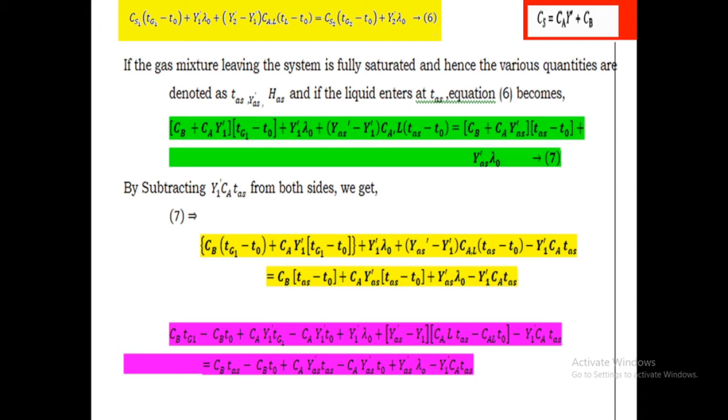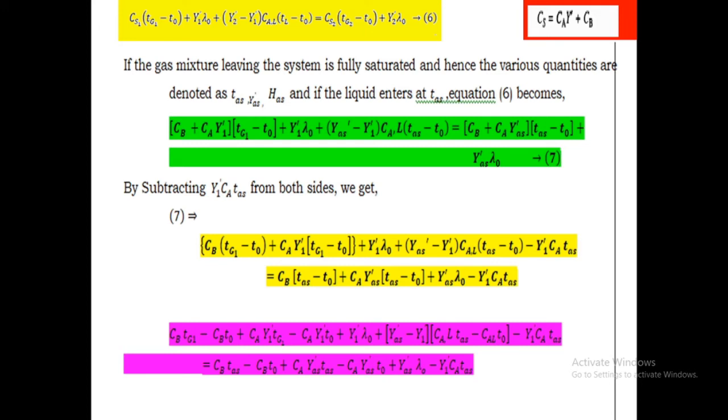Are you clear? Okay. If the liquid enters at TAS, so the equation 6 becomes. What is this equation 6? Equation 6 is nothing but two streams entering in an adiabatic chamber. One stream is leaving from the adiabatic chamber. Are you clear or not?